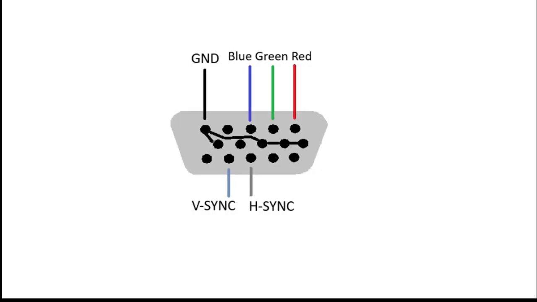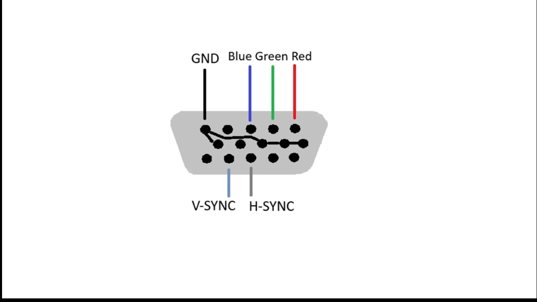VGA belongs to the analog world because it was actually introduced when cathode ray tube monitors were being used on computers. So a VGA port will take five inputs, essentially the blue, green, and red that can be interpreted as a voltage value, and that will determine a color intensity.